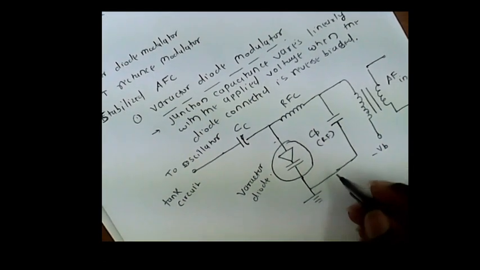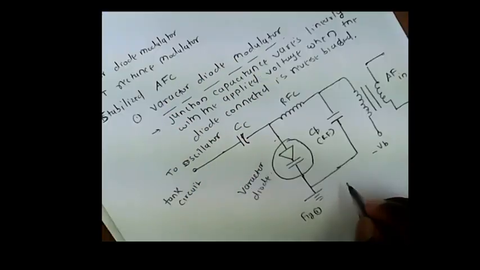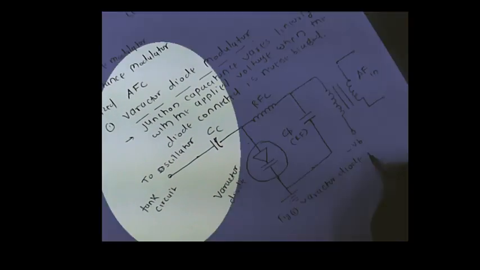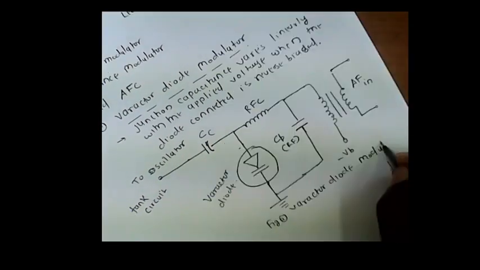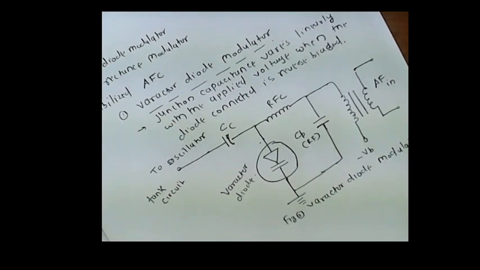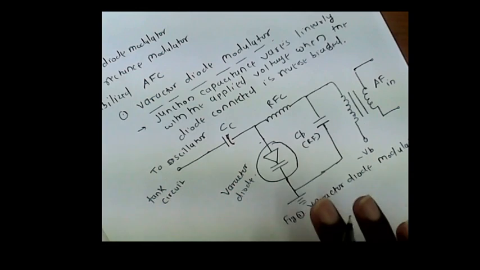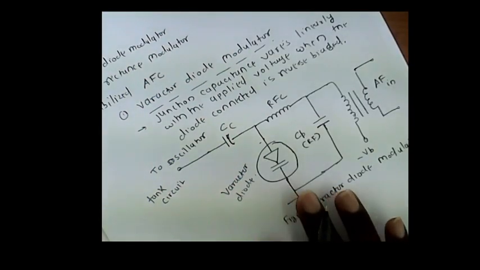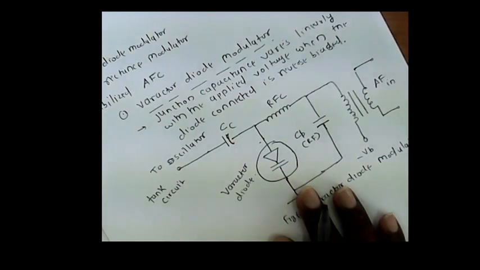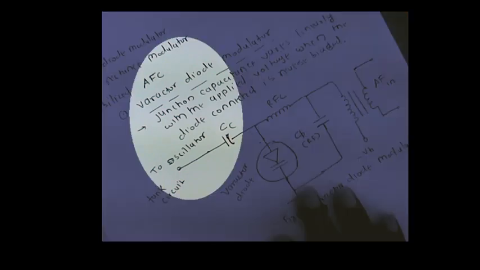In the circuit shown in figure A, the varactor diode modulator generates an FM signal. As the modulating voltage varies, the junction capacitance also varies, causing the oscillator frequency to change accordingly.